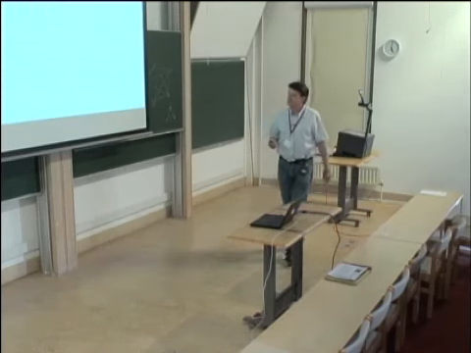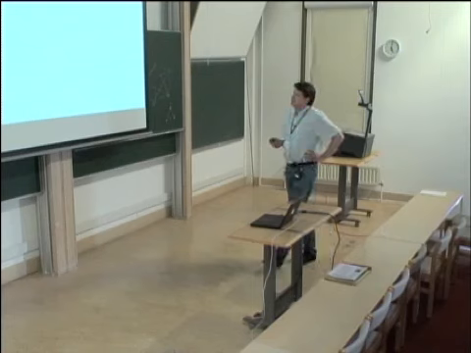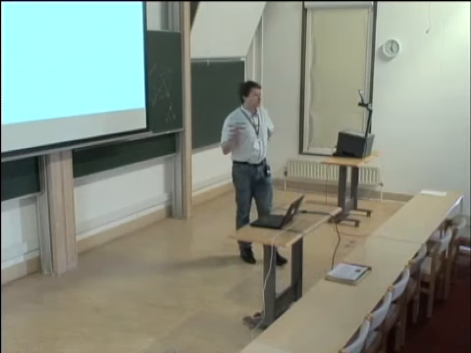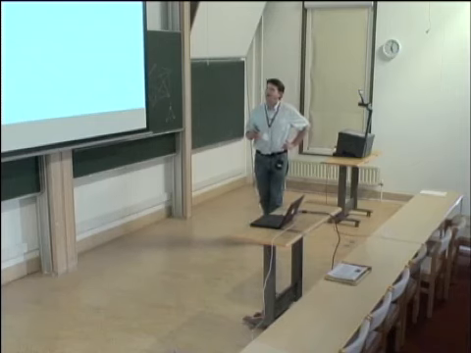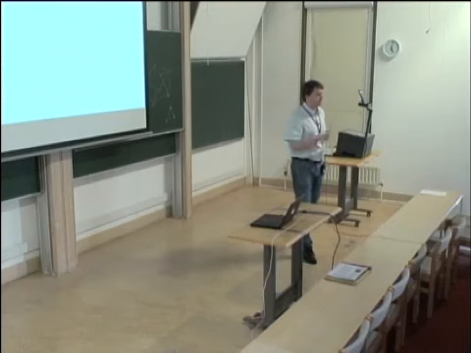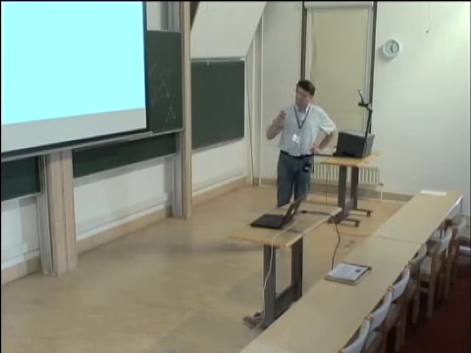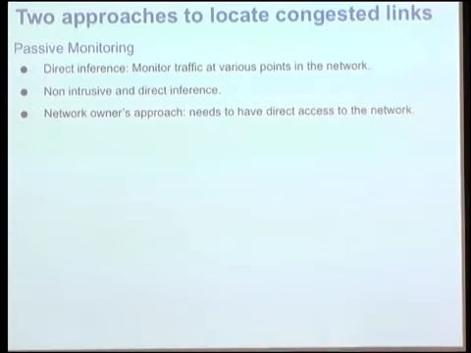So let me give a brief introduction to the problem of tomography in networking. Essentially there are two approaches you can use. The first one, if you have direct access to the network infrastructure, is passive monitoring. If you are allowed to tap the different links in your network, that's of course the best thing you can do: simply spy on traffic flowing on some particular link.